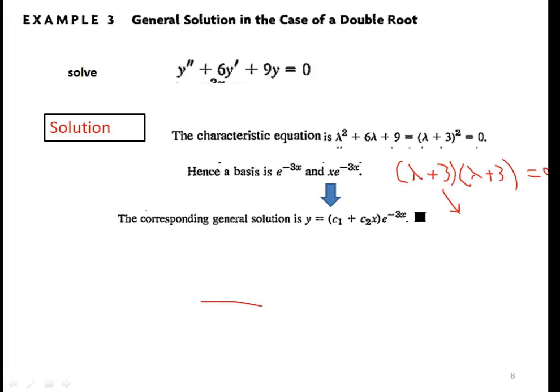Here that means I have lambda 1 equal to minus 3 and lambda 2 equal to minus 3. In that case lambda 1 is equal to lambda 2.